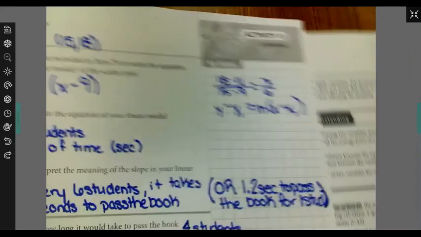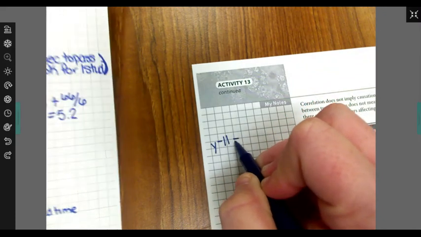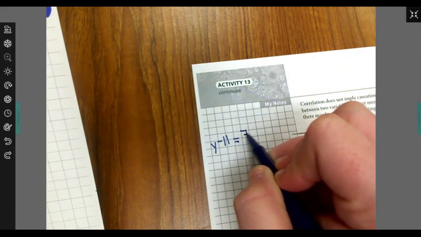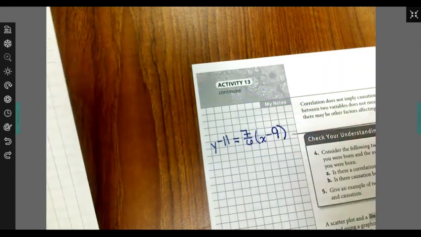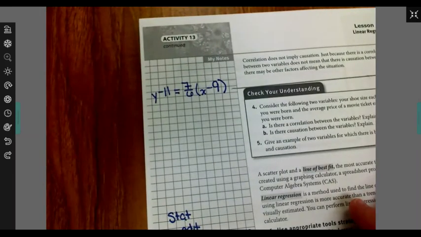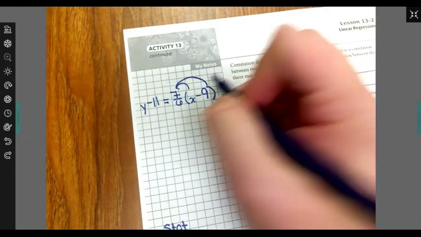I'm going to write this up at the top of this page. I'm going to do y minus 11 equals 7 over 6 times x minus 9 and see what we come up with, okay? First thing I'm going to do is use the distributive property.